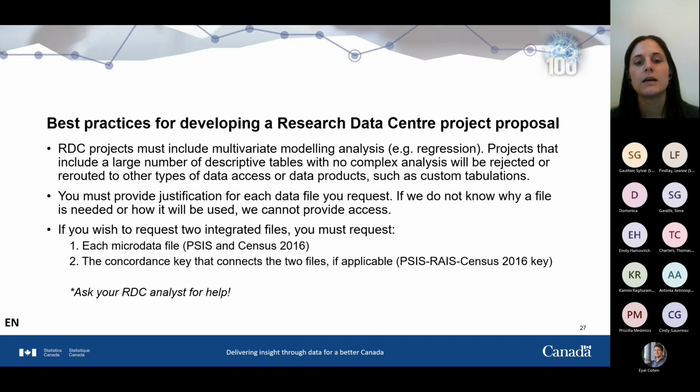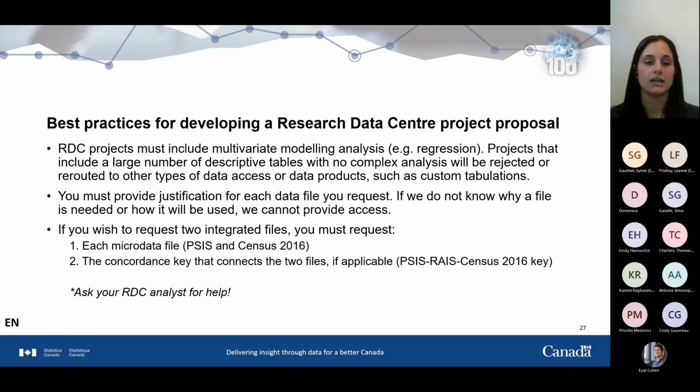That would be sufficient. And the other thing to note is if you wish to request 2 different integrated files and they require a concordance key, you have to request each of the microdata files separately. So you would need to request access in this example to the Postsecondary Student Information System microdata, as well as the Census 2016 microdata.